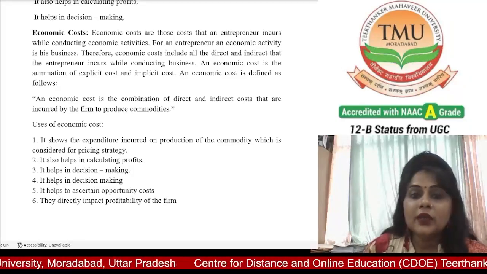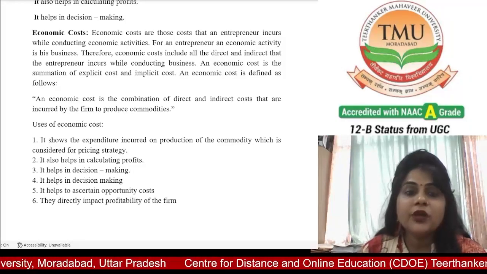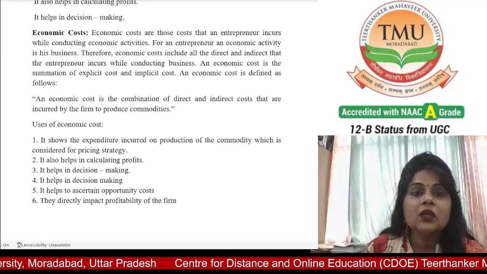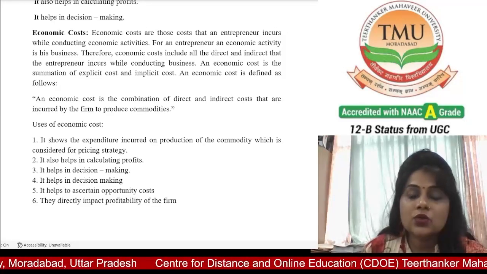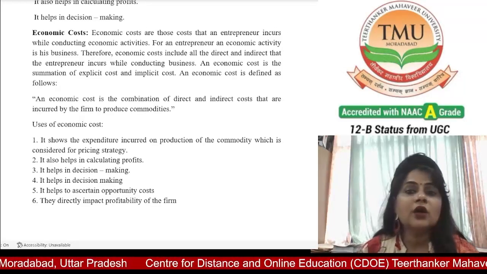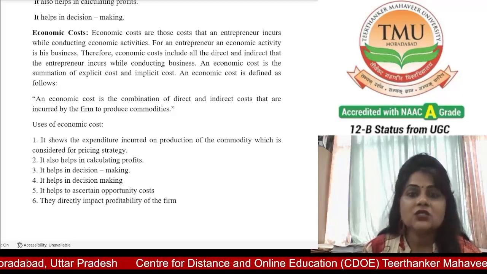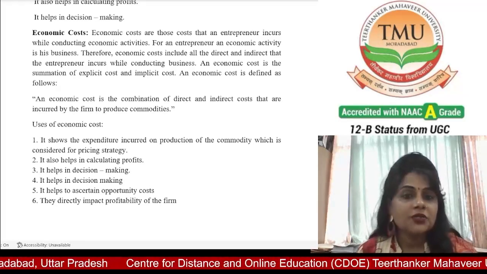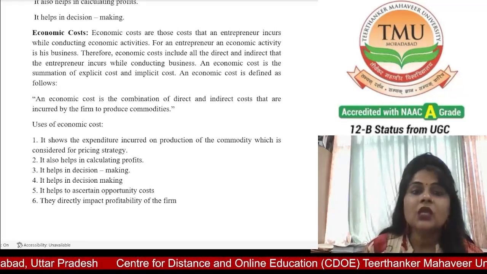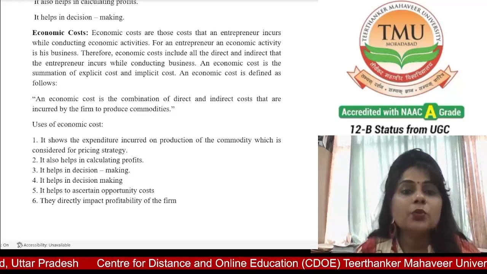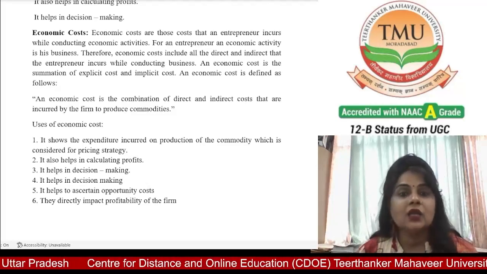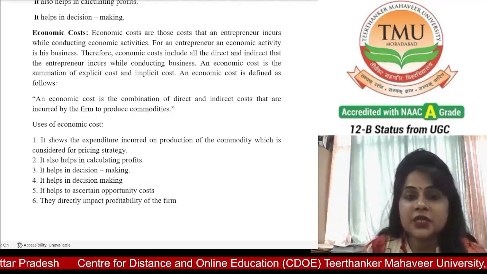Or they did not open the new office but instead put more money into the main location. So the total of the accounting cost plus the difference in the cost between choosing another option instead of option A is the economic cost. Economic cost includes both the explicit and implicit cost of an action.